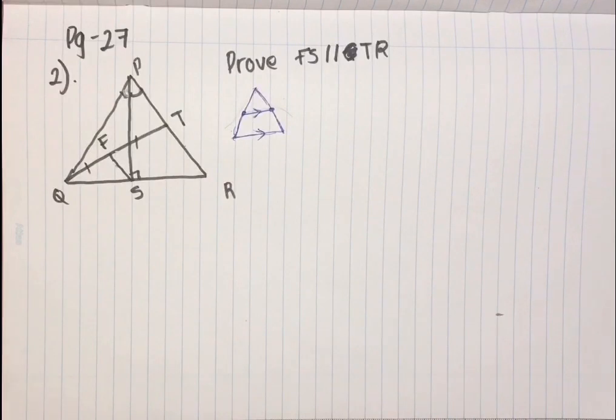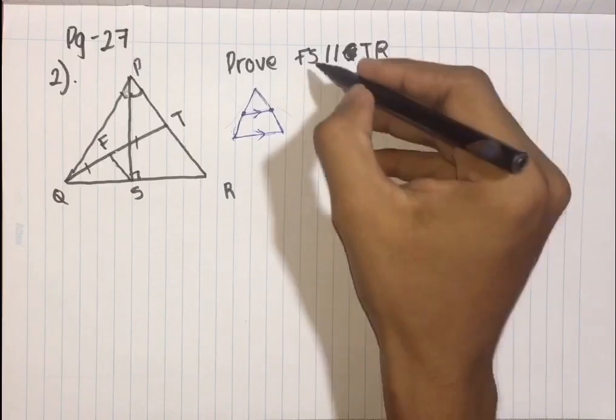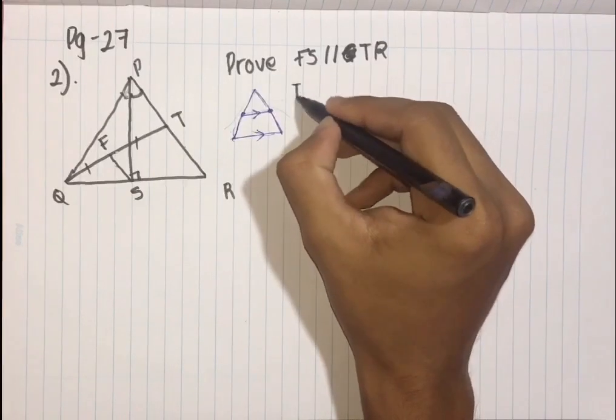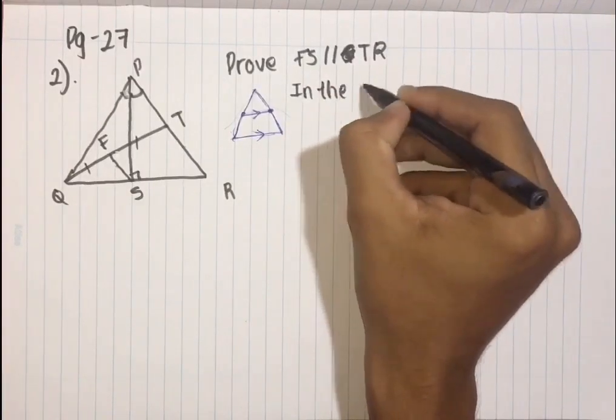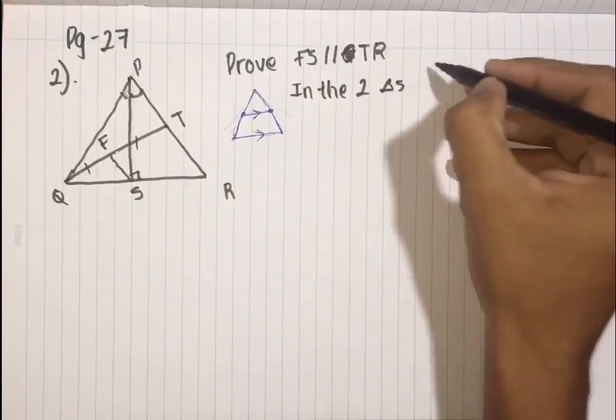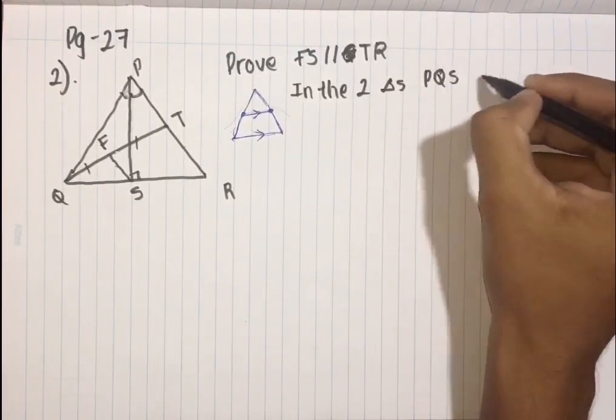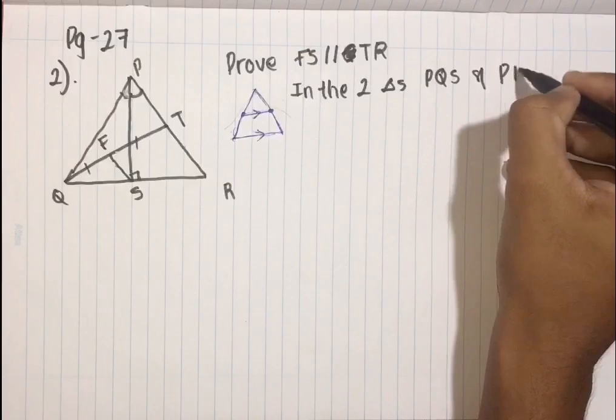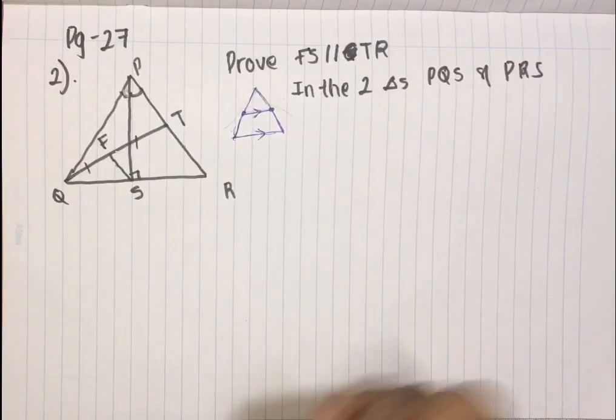Therefore, in order to prove it, first let us prove that the triangles PQS and PRS are congruent. Then you have to write, in the two triangles PQS and PRS, you have to prove congruency.